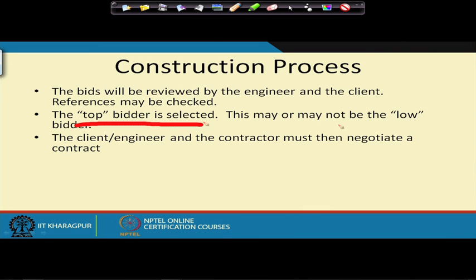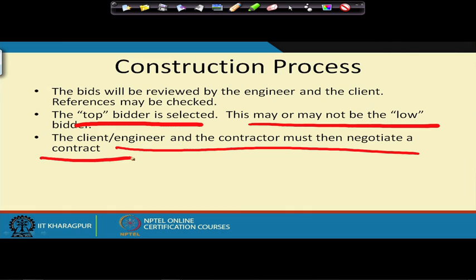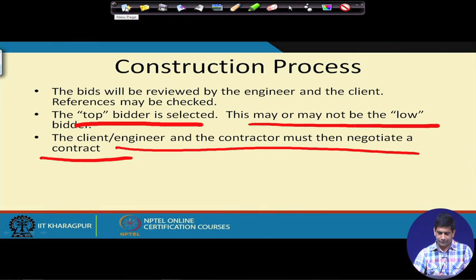This may or may not be the lowest bidder, because the bidders have to meet certain technical specifications and qualifications, and their experience, whether they have worked on similar types of jobs. There are a lot of other conditions, and then the client engineer and the contractor have to negotiate a contract, in terms of timeline, the payment schedule, and all those different things.